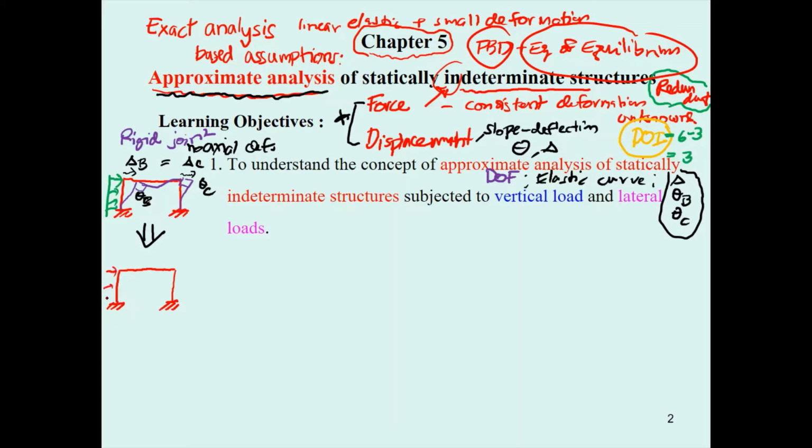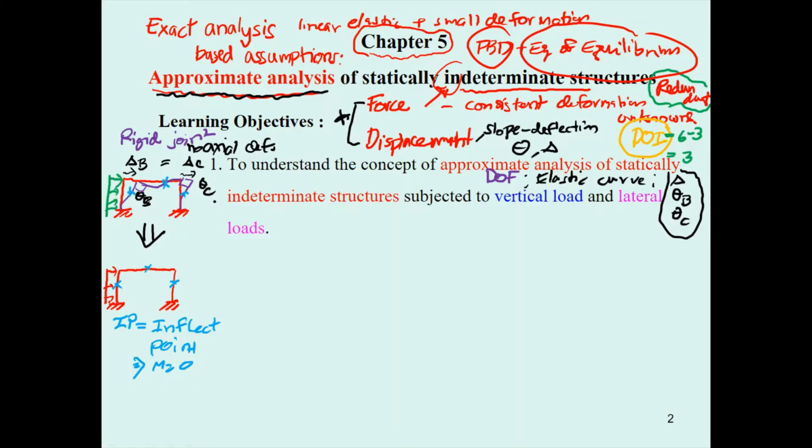Under the application of this force and based upon the elastic curve, you can notice that we have inflection points occurring approximately at the middle of the length of the girder and at the middle of the height of the column. What is important about the inflection point? The inflection point is the point that has a moment equal to 0.